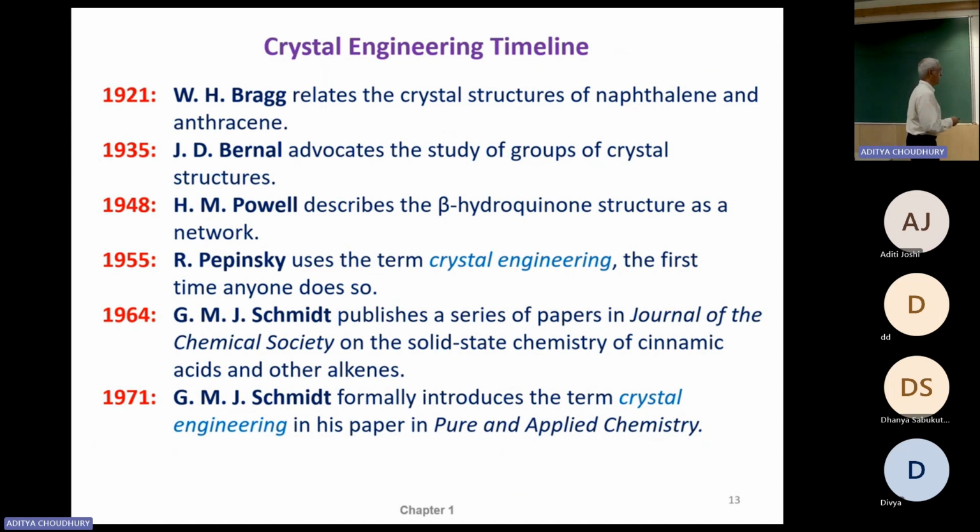Powell described hydroquinone as a network structure. Lipinski again defined the crystal structure. Schmidt talked about it, and in 1964 he published papers, but only in 71 did he talk about crystal engineering, correlating engineering of crystals, especially photoreactive crystals.